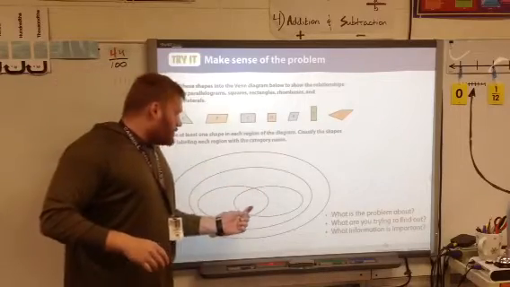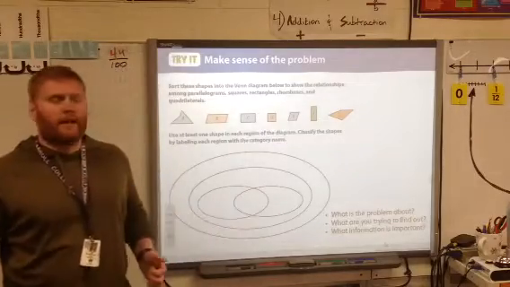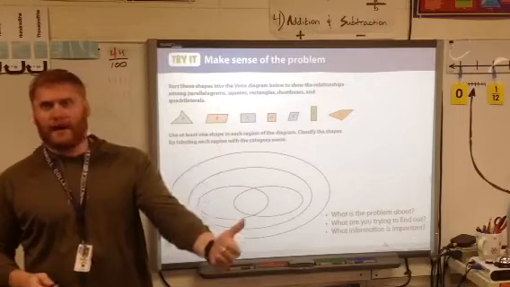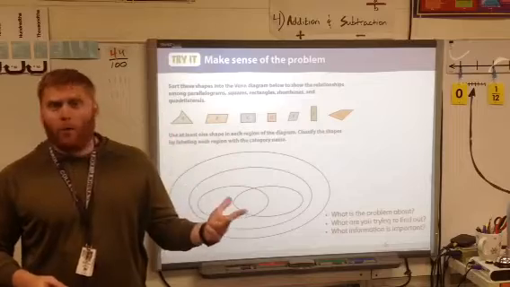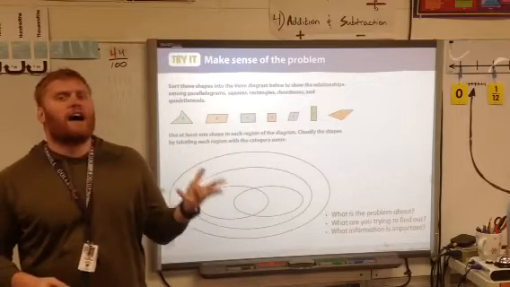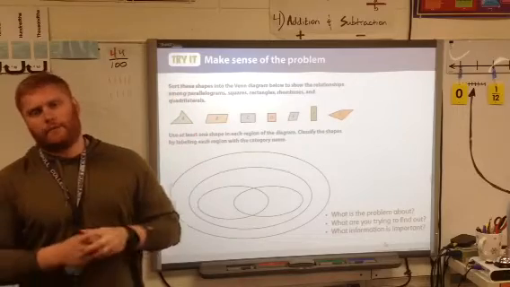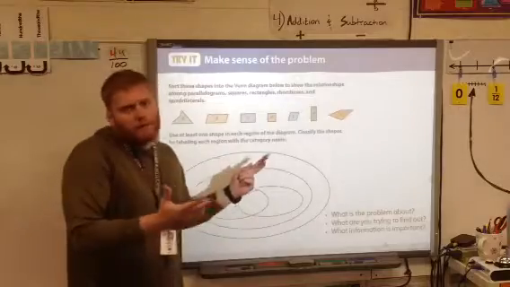Then the innermost, I'll give it away right off the bat, is going to be a square. Because it has the most attributes, it's the most specific shape that we have. It not only has 4 sides, it also has 2 sets of parallel lines, 4 right angles, and all 4 sides of equal length. That is 4 attributes, meaning the most specific, and that would be in the innermost of our Venn diagram.